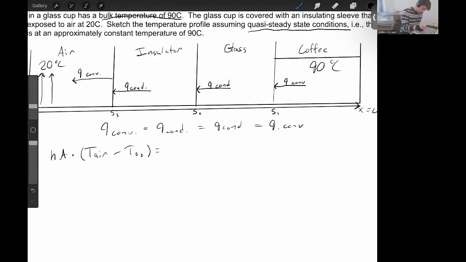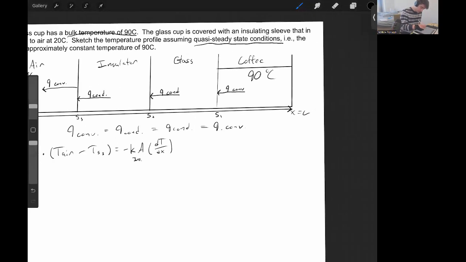Now, this is equal to negative k, which is the thermal conductivity, times the cross-sectional area, and this is going to be the temperature gradient of this surface. And for this, it is going to be the thermal conductivity of the insulator instead.